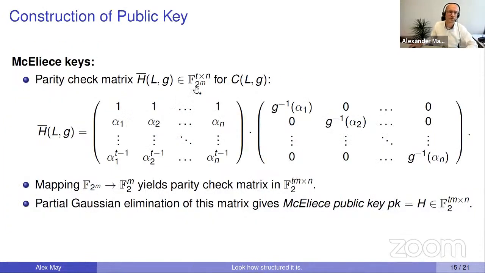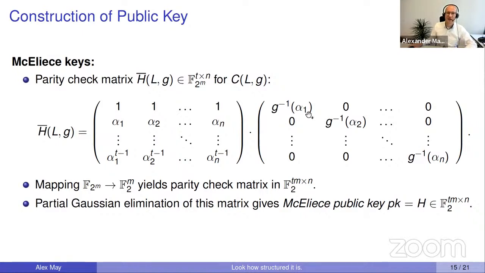And here I wrote this. So I have a parity check matrix which has t columns and n rows, and every row is actually only dependent on alpha_i. The i-th row is only dependent on alpha_i, and then it gets multiplied by g to the minus 1, evaluated at the point alpha_i.